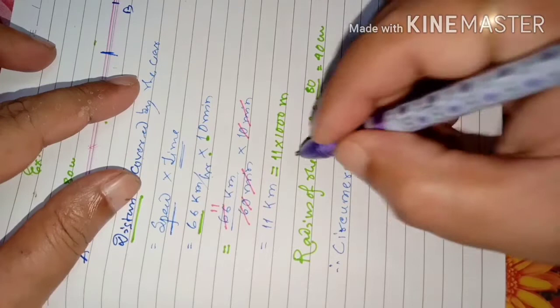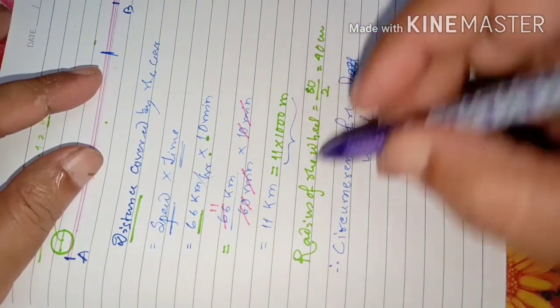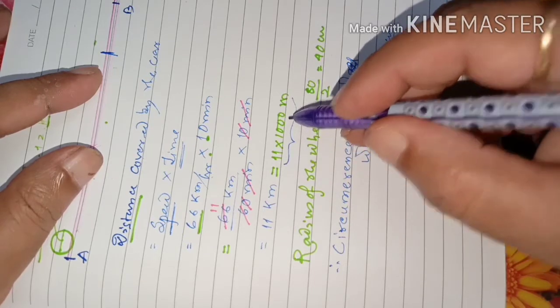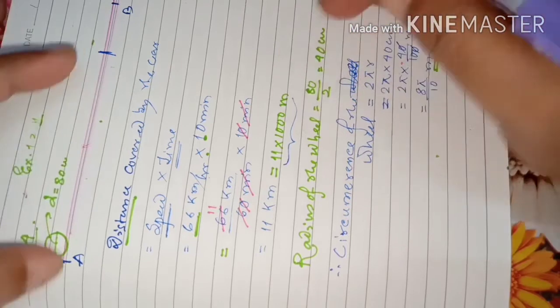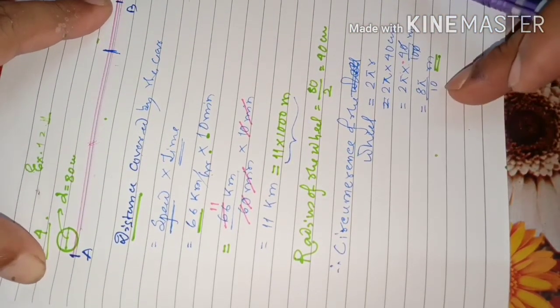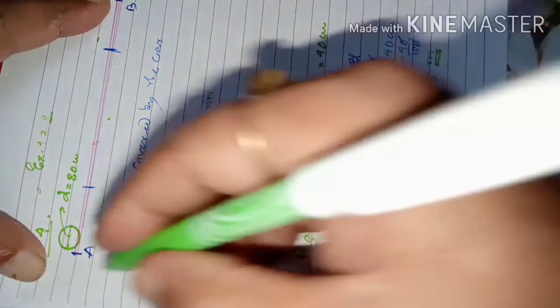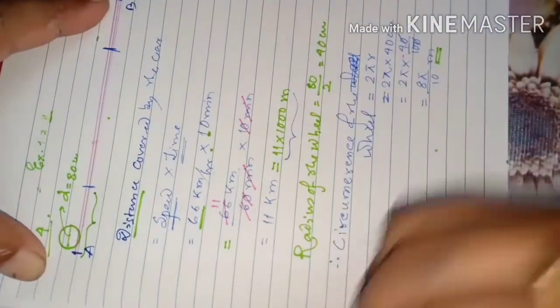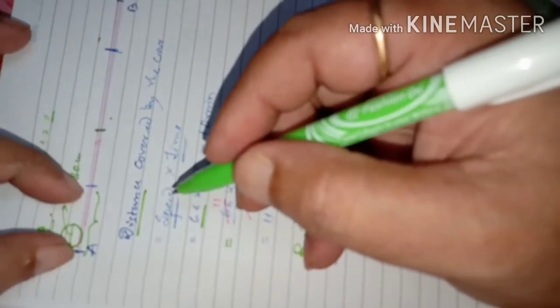To know the number of times that it will rotate on the road, we need to divide the whole distance by the circumference of the wheel. Because suppose this is one circumference, next circumference again up to here, like that. So the circumference will divide the road.